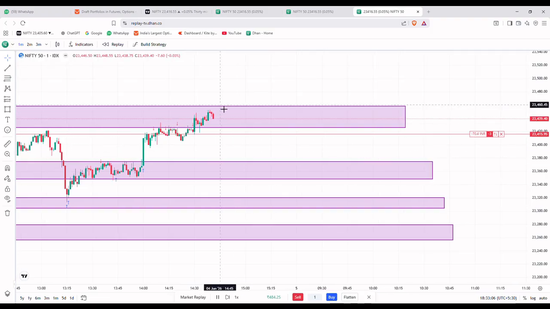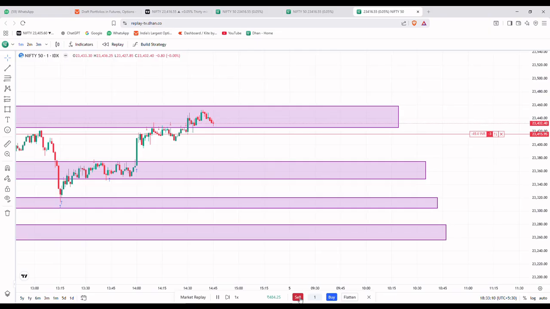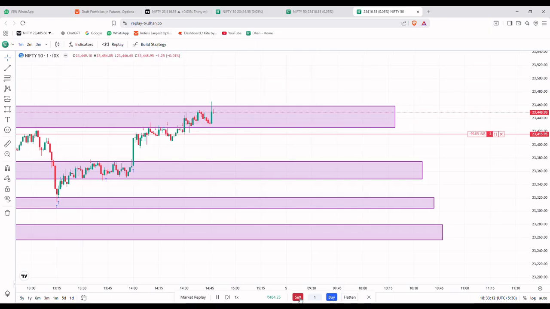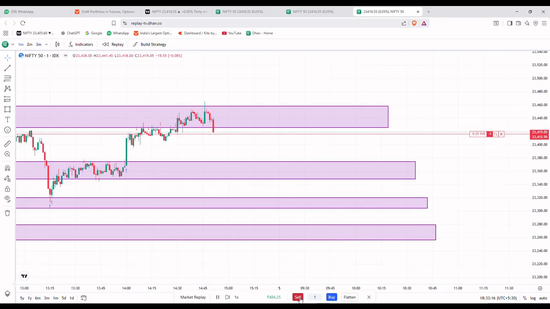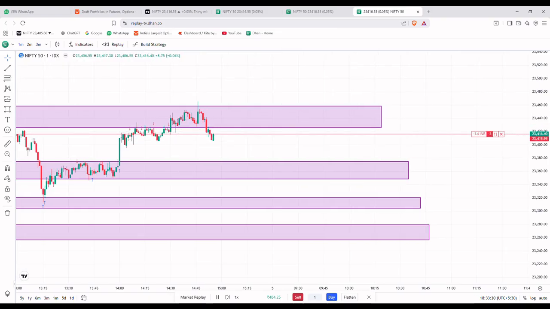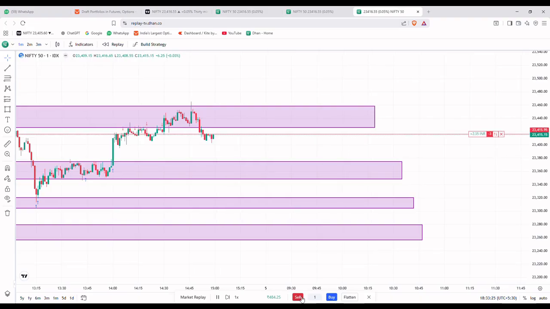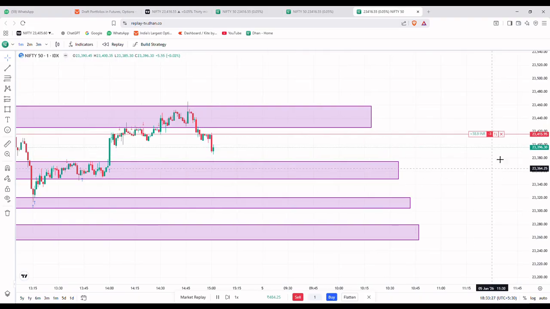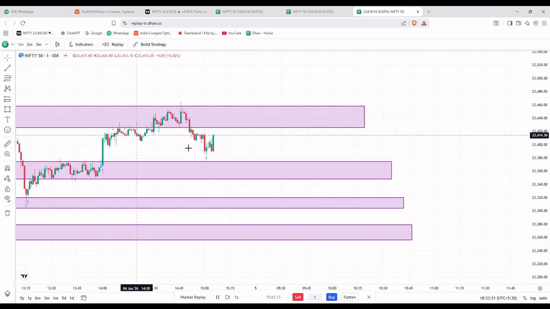If it breaches this, I'm going to close, guys. It has to close. Only then it is stop loss. Okay. So 543 points.